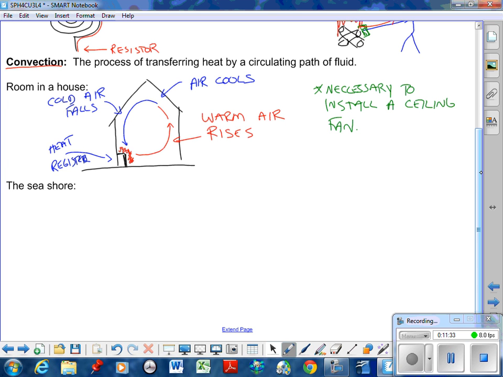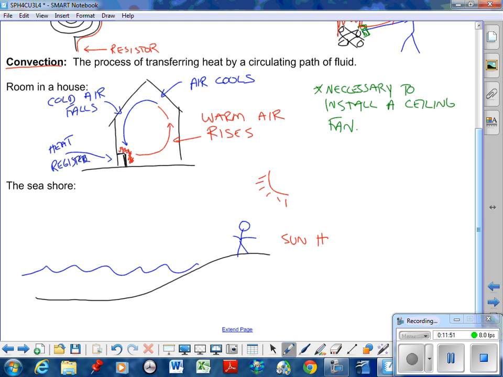Another example is the seashore. Why is there a breeze? So here's the seashore. Here's you. You're blue. Here's my water. So what happens is that the sun heats the sand.